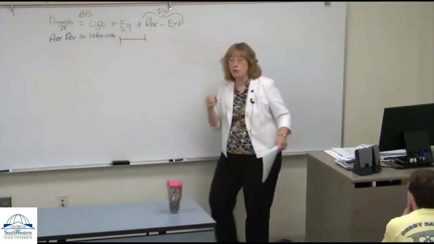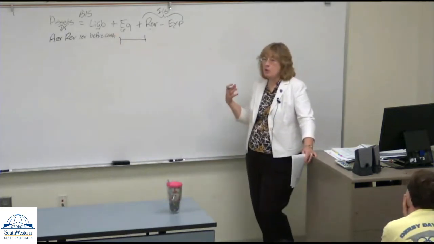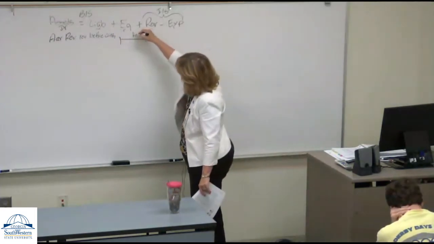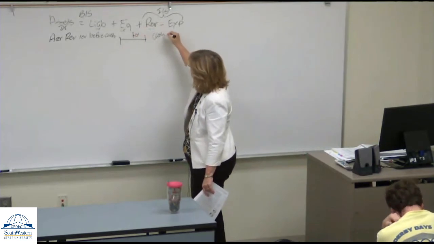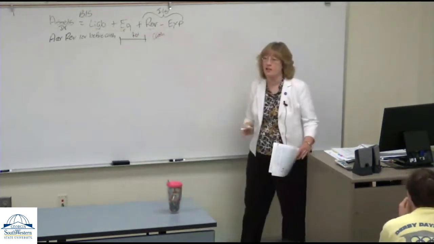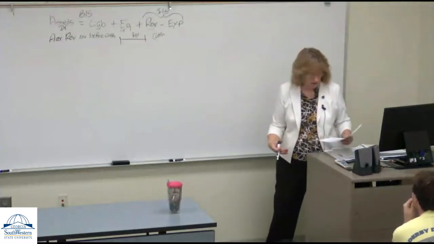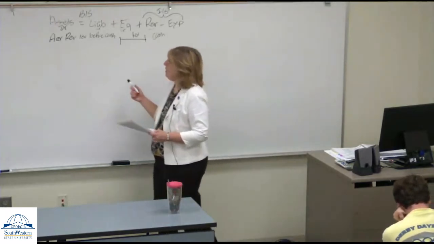We're accruing our revenue. We haven't received cash for it yet. So in other words, we perform the services before we get the cash. Our revenue is in this current period, and the cash is in the next period. Okay, so our revenue comes first.